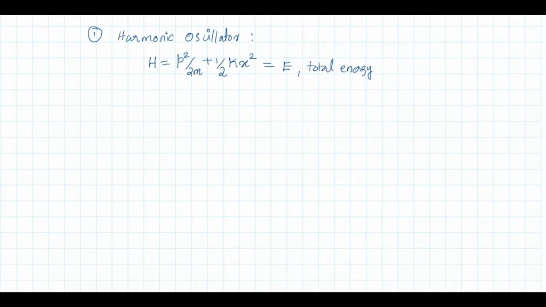The potential energy V(x) is (1/2)kx². What I am going to do is plot this potential energy. So I can plot V(x) versus x, and the graph will be a parabola. (1/2)kx² will be a parabola, something like this.